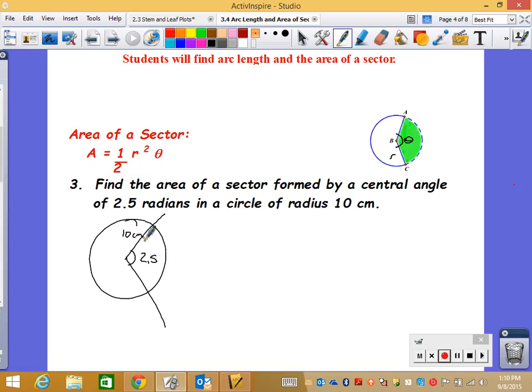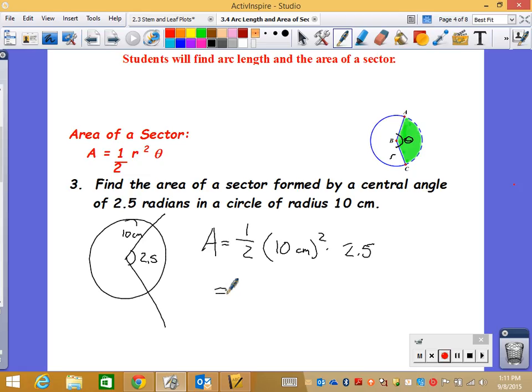So let's plug everything into my formula. A is equal to 1/2 times r squared. I know r is 10 centimeters. All of that squared. Times theta, which is 2.5. And remember, radians have no units, so I'd just tack on a 2.5.